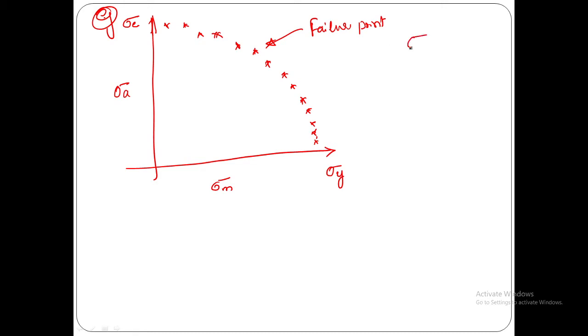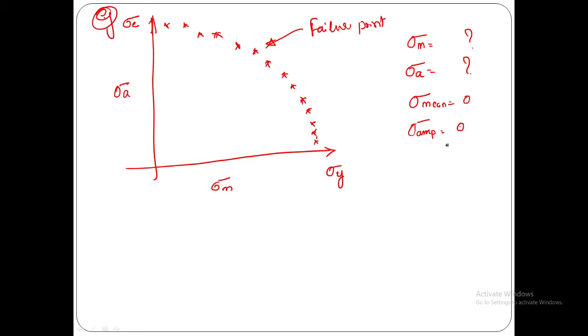In some cases you have got a sigma m value, and in some cases you have got the value of sigma a also. In some cases the sigma mean is 0, and in some cases the amplitude stress is 0. All this is because of the magnitude of stress as well as its direction.